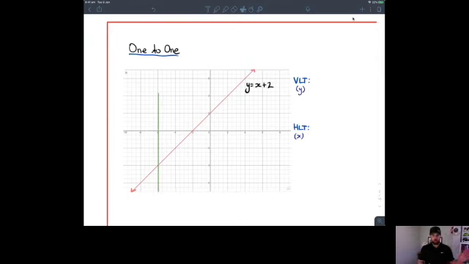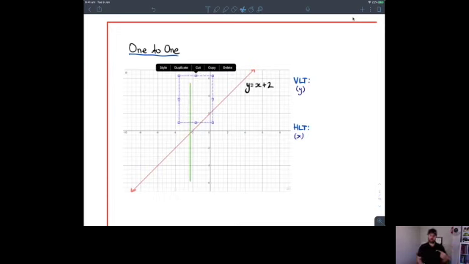And remember how I said earlier, imagine the line sliding. If I can drag that vertical line anywhere along that graph, and it only intercepts it once, we'd say it passes. So anywhere I drag that line, it passes.